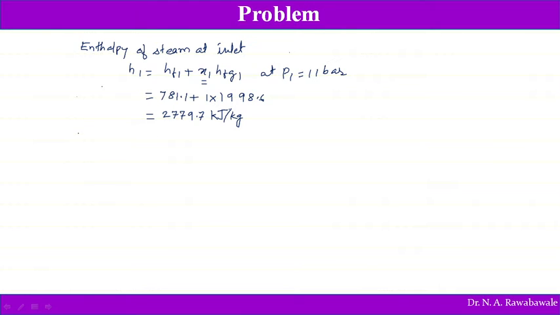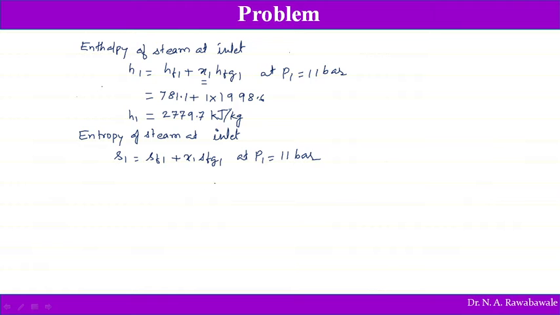Now the entropy of steam at inlet. The condition of steam at inlet is dry saturated steam. Now S1 is equal to sf1 plus x1 sfg1 at pressure P1 equal to 11 bar.